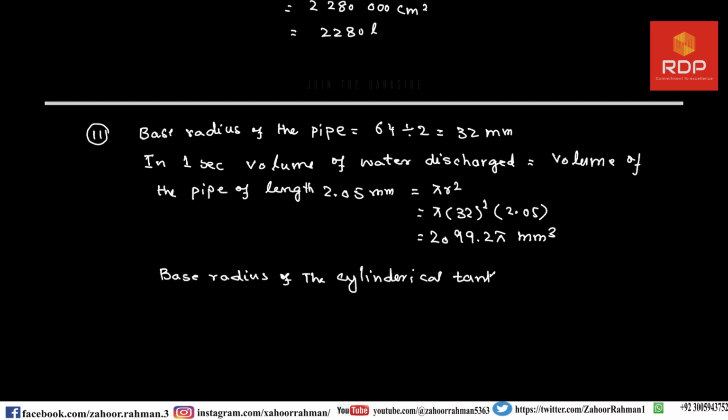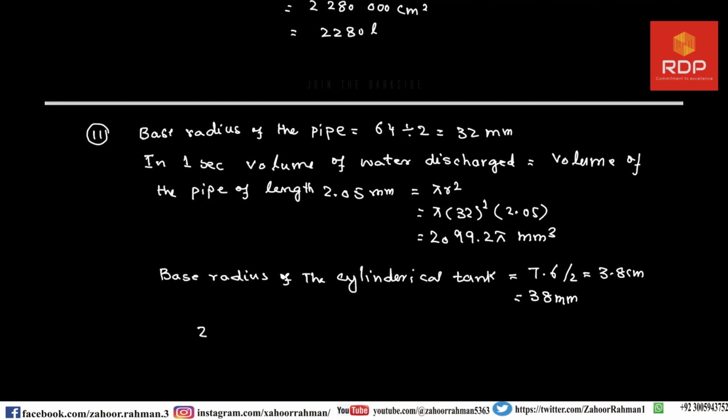Because the water discharge from the pipe is going directly to a cylindrical tank of diameter 7.6, so we have to divide it by 2 and we will get 3.8 centimeter, and 38 millimeter.